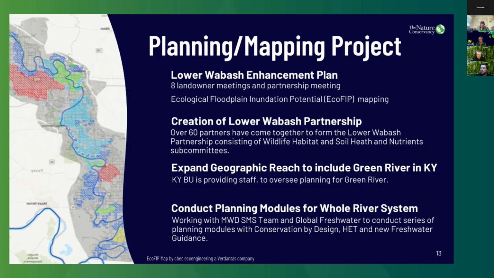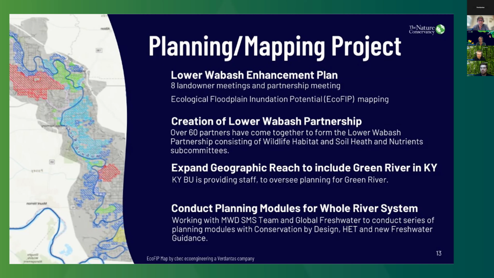We have historically used the NRCS, the Natural Resource Conservation Service Wetland Reserve Easement Partnership, the WREP program. And that's been the main way that we have moved some of the restoration projects forward and have been able to do 150,000 acres worth of restoration in the Wabash Basin.